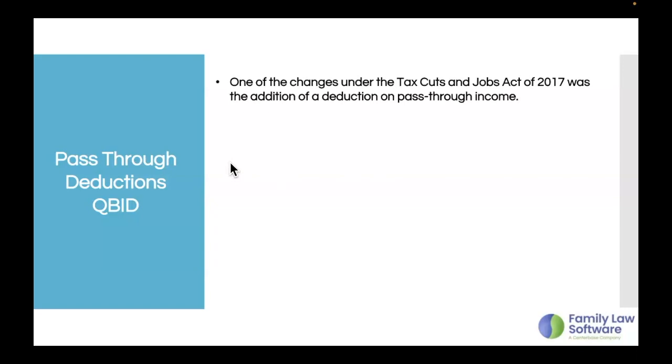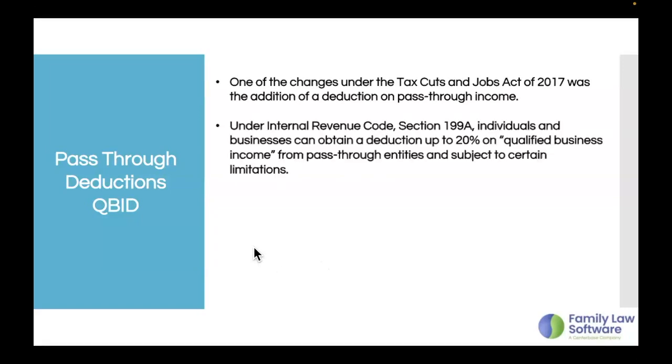One of the huge changes that happened under the Tax Cut and Jobs Act of 2017 was something that's cool that we've been mentioning, QBID, qualified business income deduction. And so this didn't exist before then. And I'll say that it's complex. It's not something that is easy to jump into.